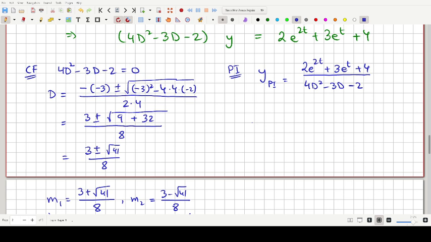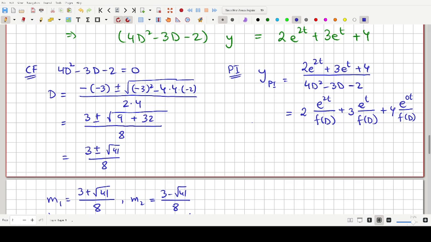Now this particular integral can be written as follows: 2 times e power 2t divided by f(D), that's the shorthand for the entire denominator, and 3 times e power t divided by f(D), again the short form for the entire denominator, plus 4 times, well, 1 can be written as e power 0 multiplied by t, divided by f(D).